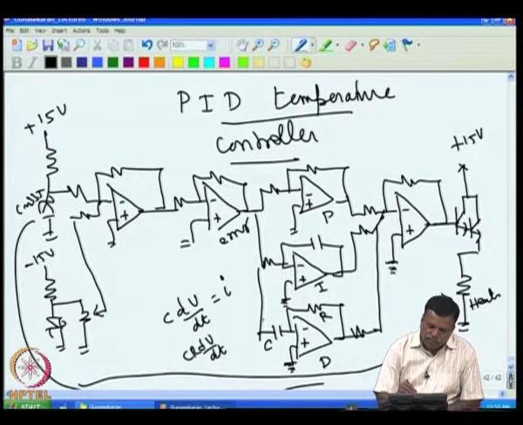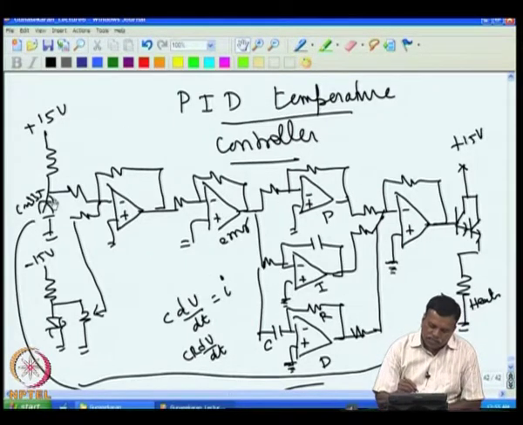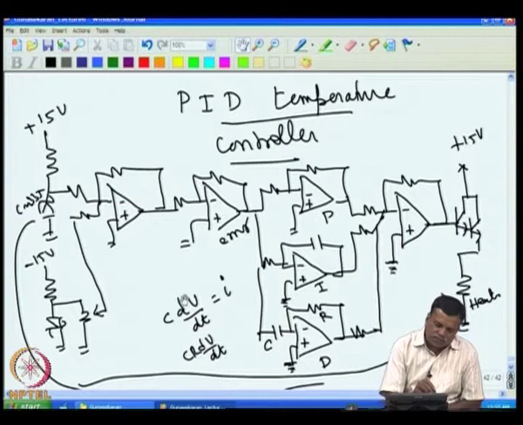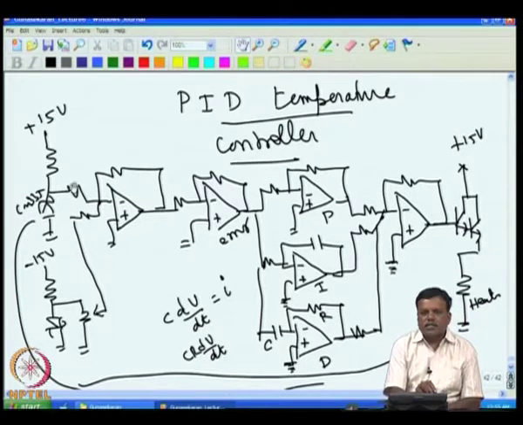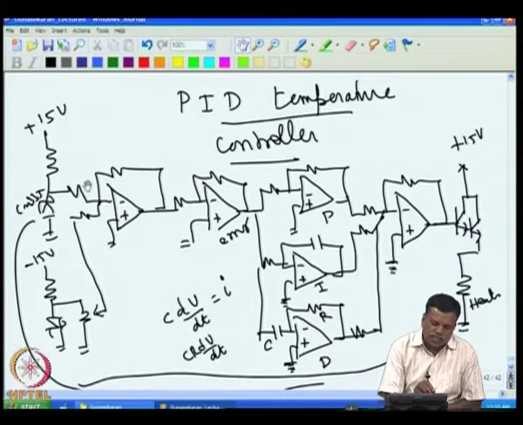Here dV by dt is the rate of change of this voltage, or actually the rate of change of the temperature. So a temperature change produces a voltage change here, and the voltage available at this point depends upon the rate of change. If the temperature change is fast, or if it is a mechanical system dealing with positioning and the system is moving fast, then this voltage also will be changing fast.